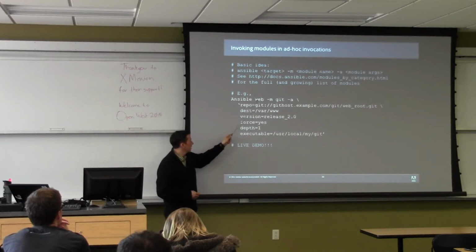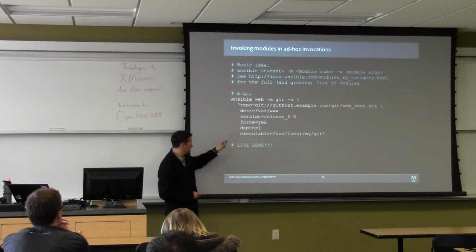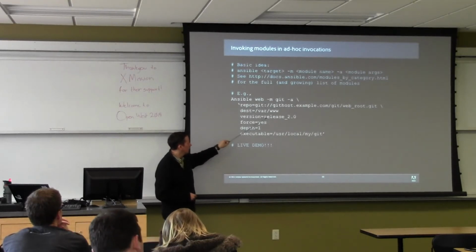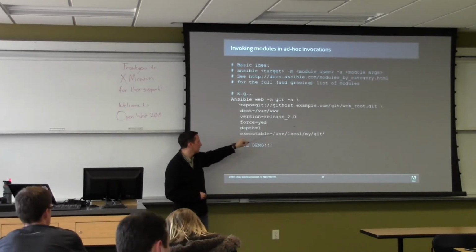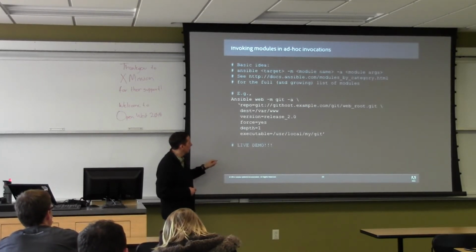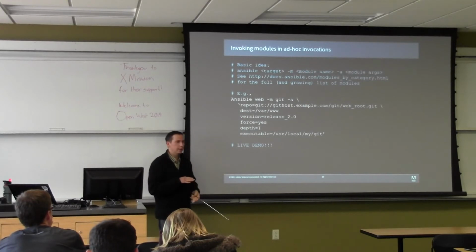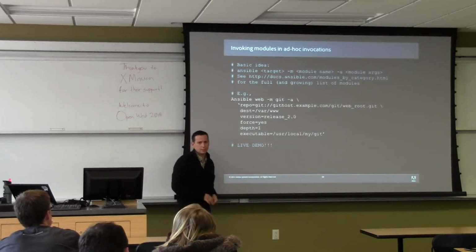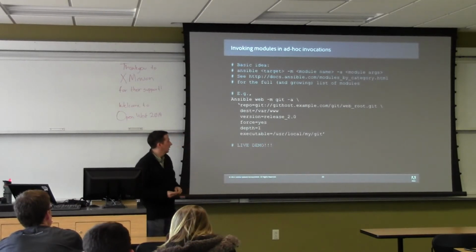For example, this one says on all my web hosts, invoke the Git module, do a checkout or a clone from this Git repo, put it here, check it out into there, update it to this tag, force it so it overwrites anything that was in there, do a shallow checkout, right? So you only get the most recent history. So you don't have to get like 100,000 revisions behind it. And use this. We've got some special Git on the remote system, so you've got to use that Git to do the checkout with.